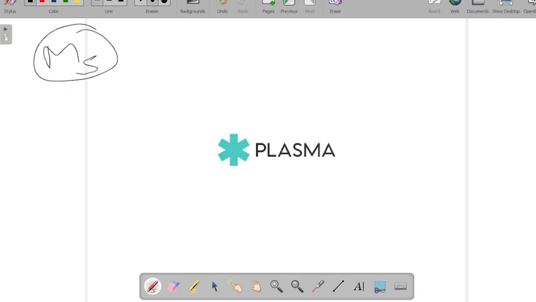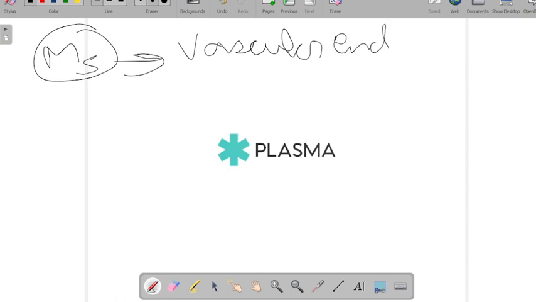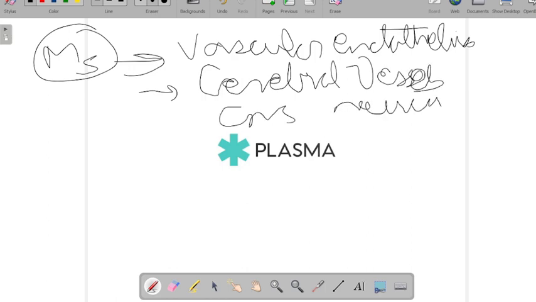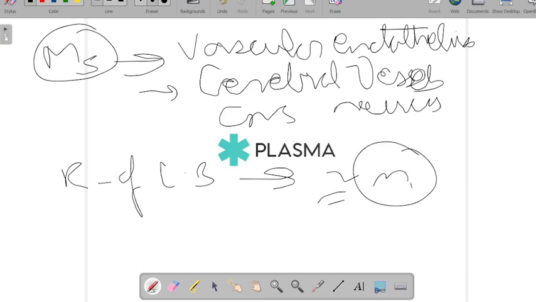The M5 receptor is present in vascular endothelium, especially in cerebral vessels, CNS neurons. So its result of ligand binding is same as M1 receptor, that is formation of IP3, diacylglycerol, and increased intracellular calcium.